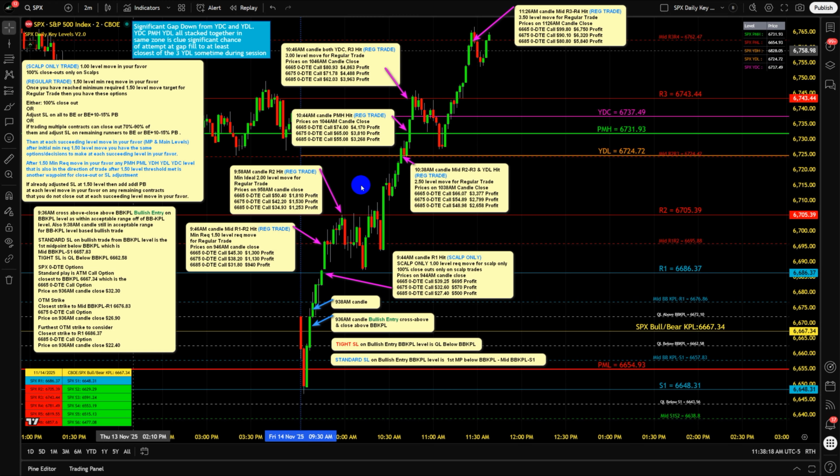Now this particular indicator, the V2.0, actually does have 10 levels above, so it has R1 through R10 and below S1 through S10. However, by default, only R1 through R6 and S1 through S6 are enabled.